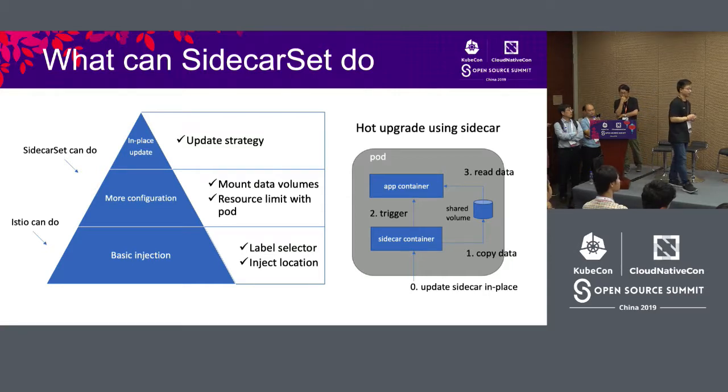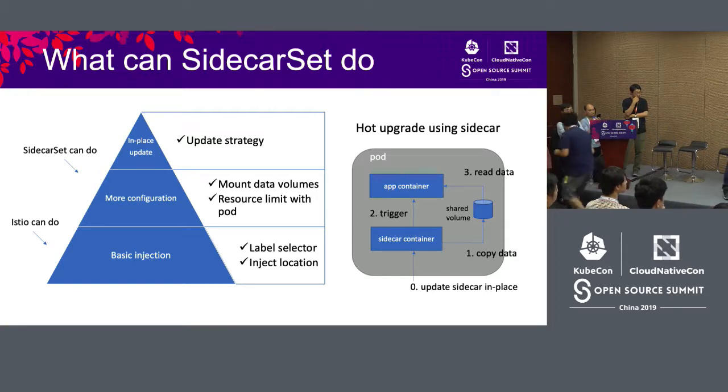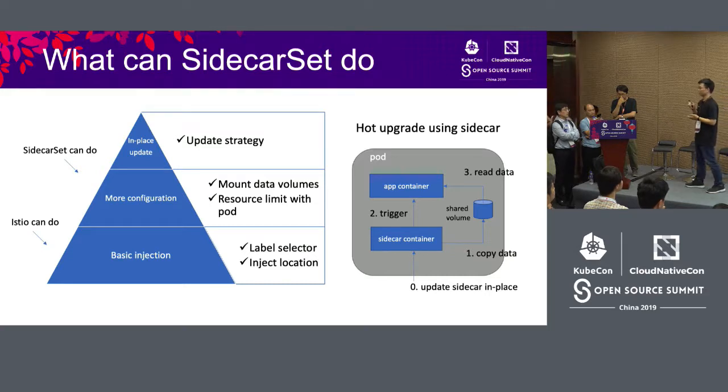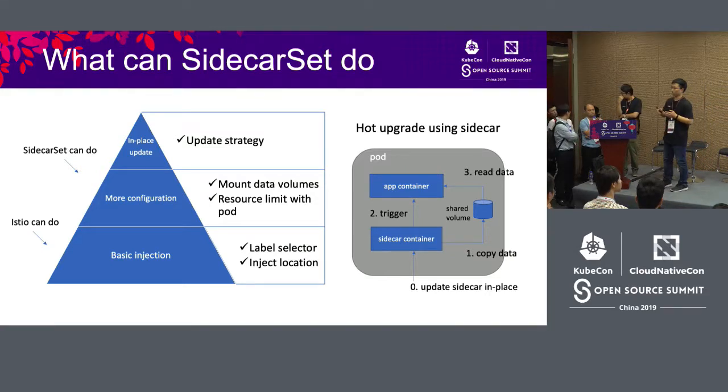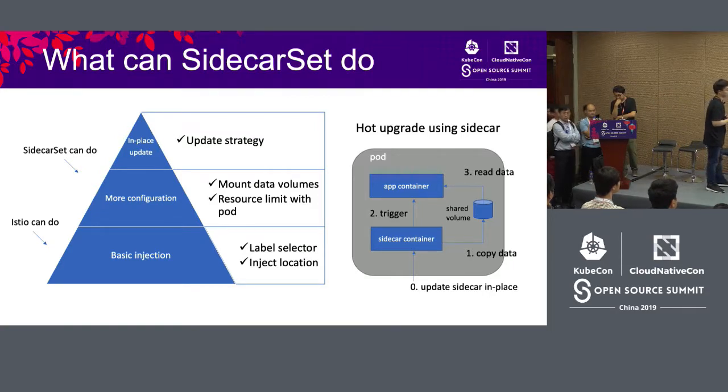And we know that the SidecarSet and Istio inject have some similarity, but there are some differences. Istio is based on the selected conditions and injects into the containers at a specific location. And SidecarSet provides a richer set of functions. For example, there is a designed map for the logs, and these components need to read some data from it.